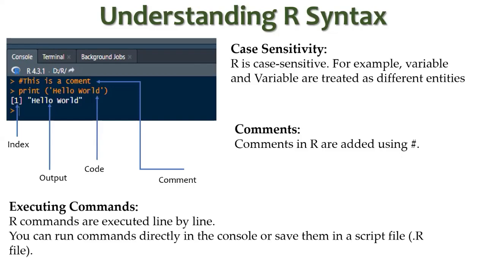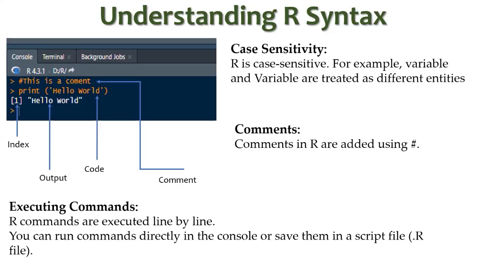The hello world with the 1 in square brackets is the output, and the print with hello world inside is my code. The line with the hash sign is a comment. The 1 in square brackets is called an index. We'll look at what an index is later on, maybe in this slide or in our next meeting.